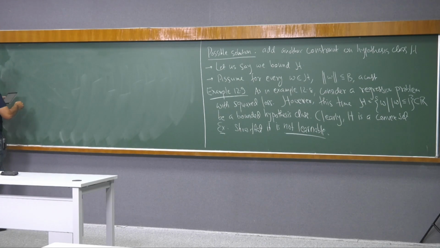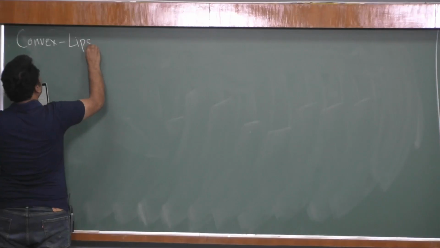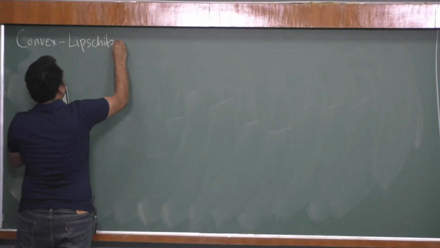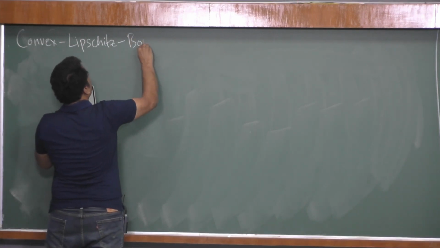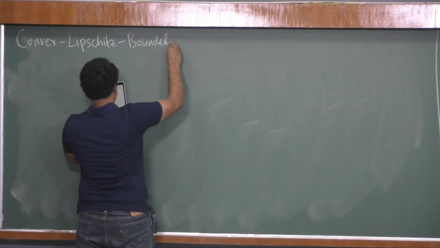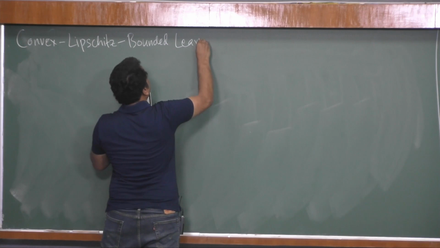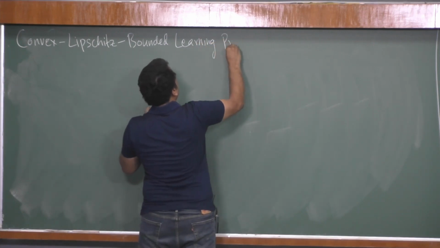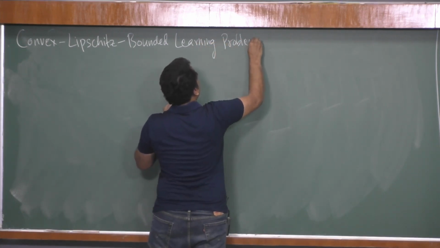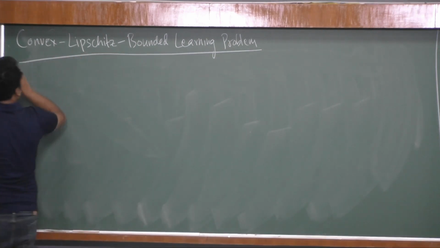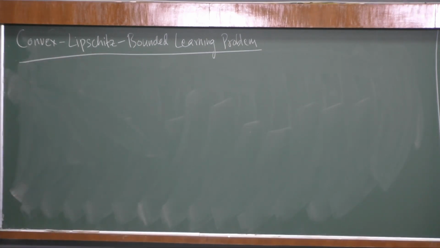So we have convex, Lipschitz, bounded learning problems. So convex we know, bounded we know. Basically, Lipschitz is something that's additional.